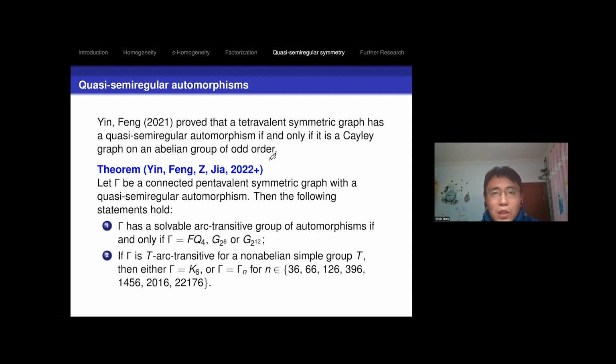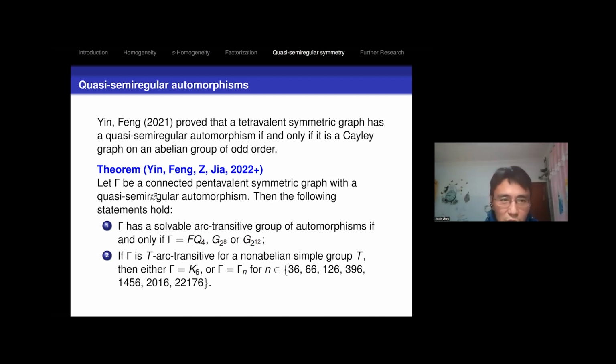This is for the tetravalent case. And very recently we obtained a characterization of pentavalent symmetric graphs with a Cauchy semi-regular automorphism.